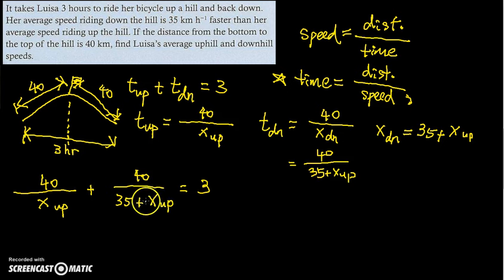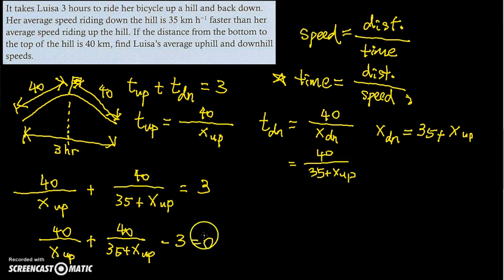Let me simplify this a little further and move everything to the left-hand side: 40 over x up plus 40 over 35 plus x up minus 3 is equal to 0. If I put this in my graphing calculator, I just have to find my zeros.